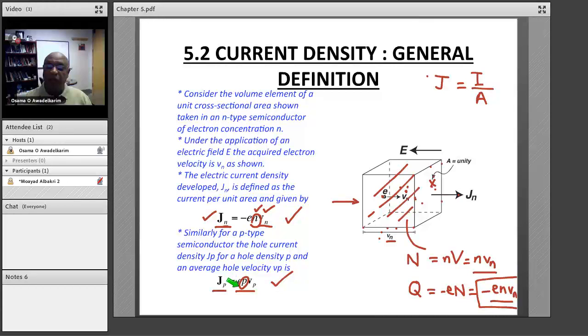That is why the densities that we studied in chapter 4 are very important in determining the charge flow or the current. But you also need to determine the average velocity of electrons or the average velocity of holes. So we need these two parameters.